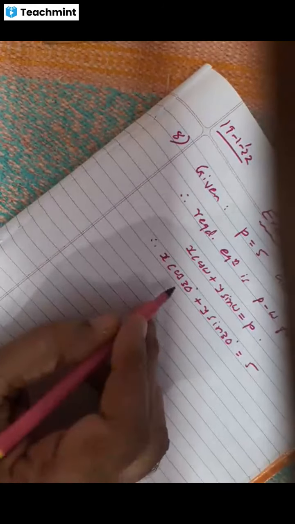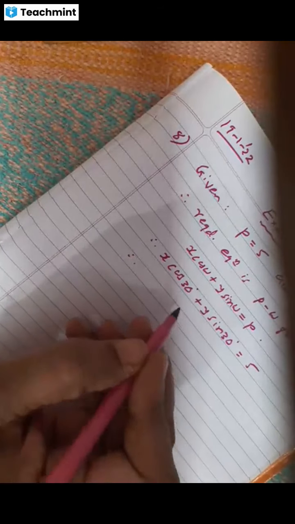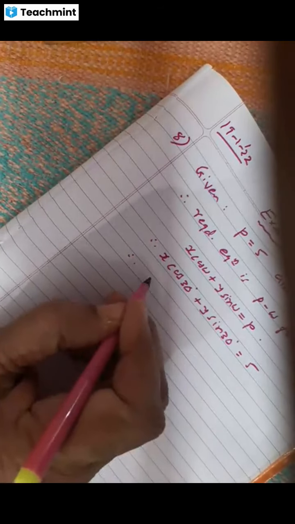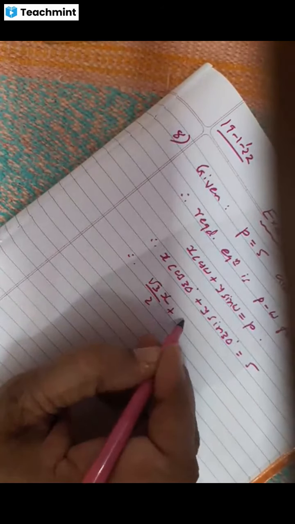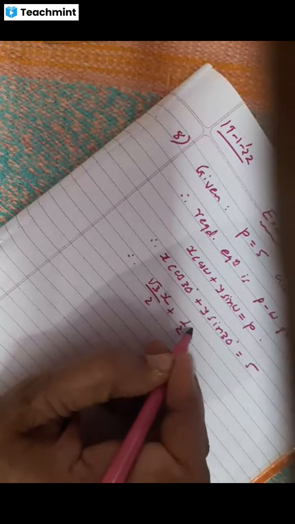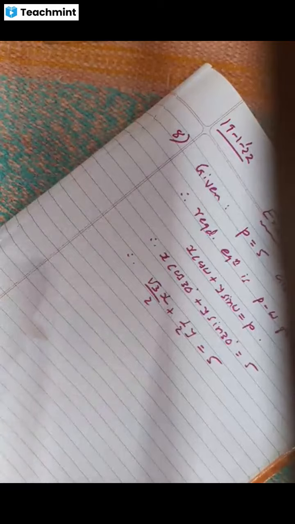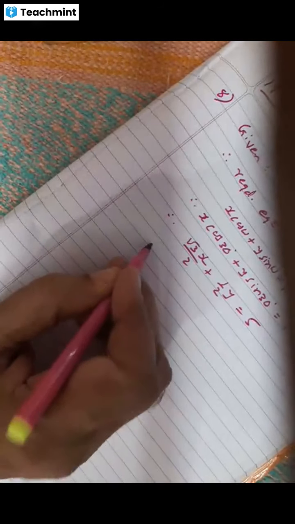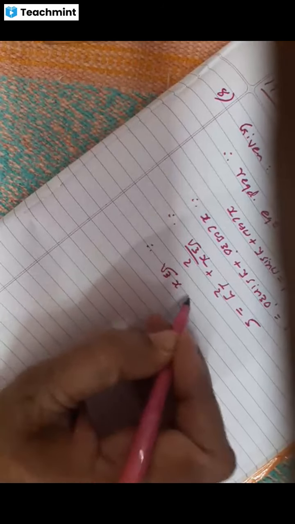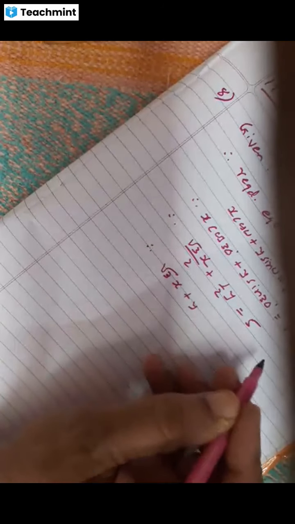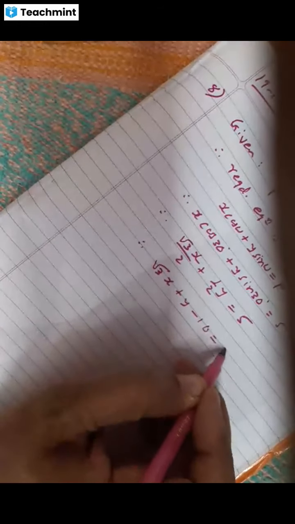Now we know the 30 degree values. Cos 30 is root 3 by 2, so it will be root 3x by 2. Sin 30 is 1 by 2, so 1 by 2 y is equal to 5. Now just simplify, take the LCM, and the final answer is root 3x plus y minus 10 is equal to 0.